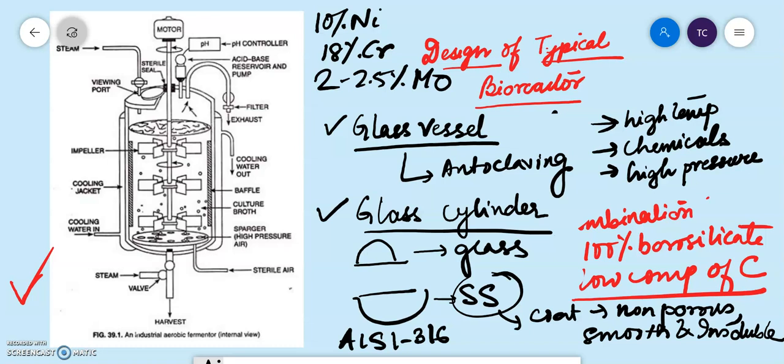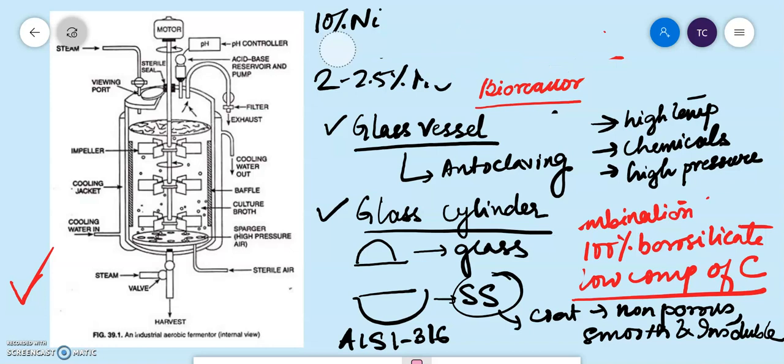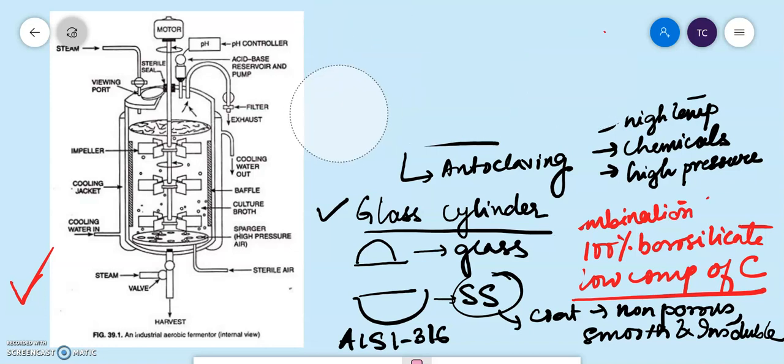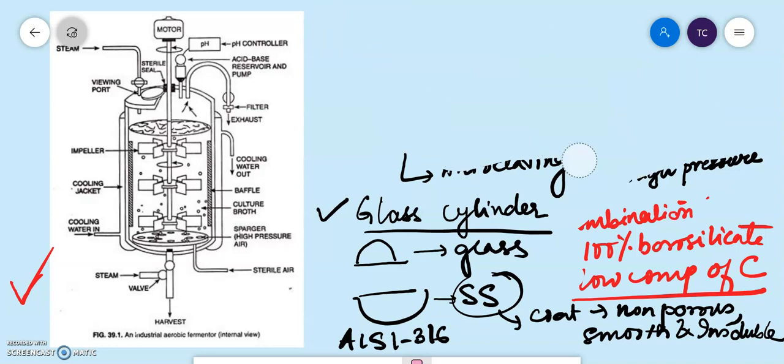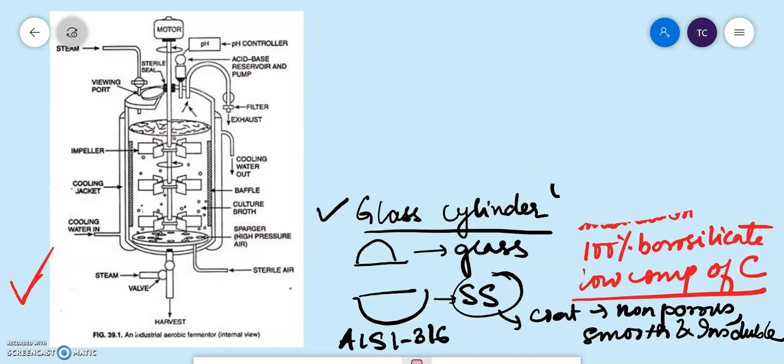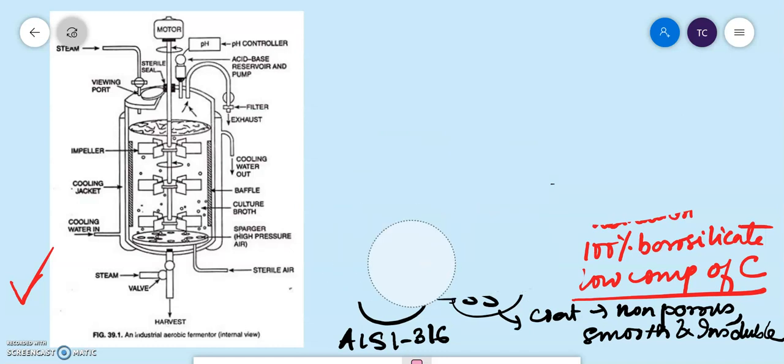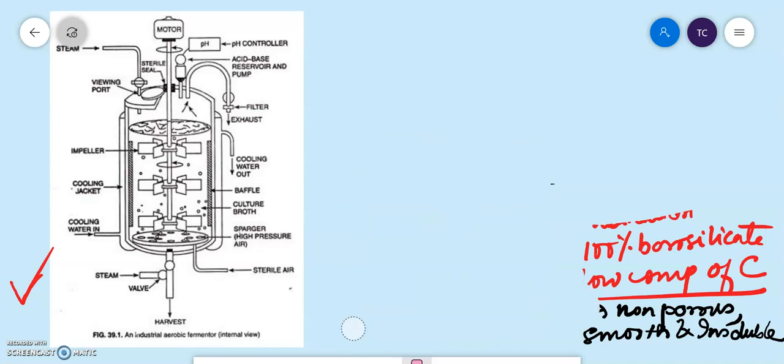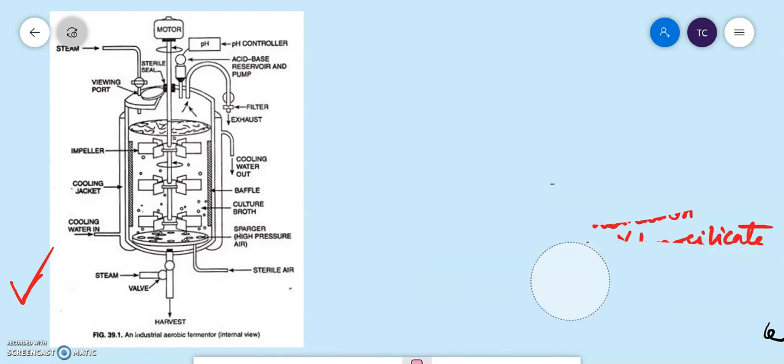Now I will move on to another aspect of the bioreactor. Let me tell you, if you don't seal your bioreactor and don't make it airtight, what will happen? If contaminating microbes get into your bioreactor, it will lead to the development of many other obnoxious byproducts, and it becomes very difficult to take out the particular product which you require.